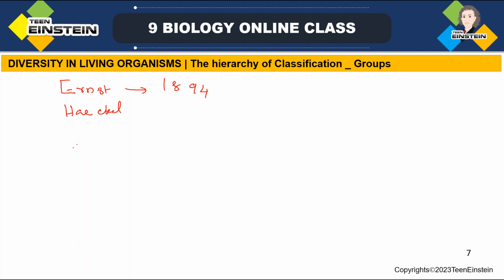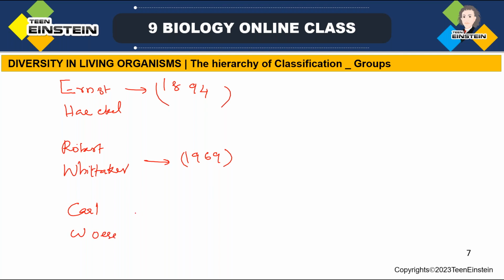Then Robert Whittaker in 1969. Then Carl Woese in 1977, recently. So all these three scientists have tried to classify living organisms.